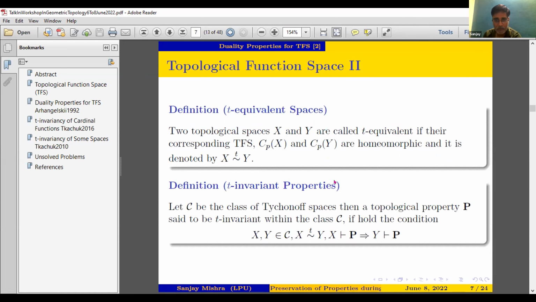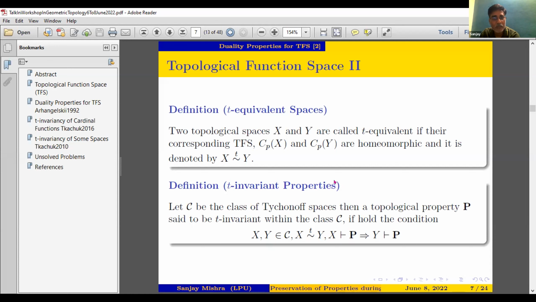Now, the two important definitions that play a very important role in this talk are the t-equivalent space and the t-invariant property. Any two topological spaces X and Y are called t-equivalent if their corresponding topological function spaces C_p(X) and C_p(Y) are homeomorphic, and we denote this as X t-equivalent to Y. So here you can see that there are two things we have.